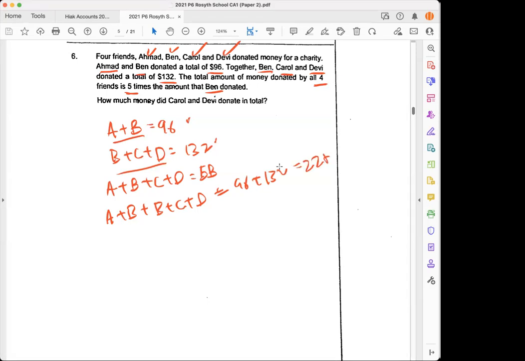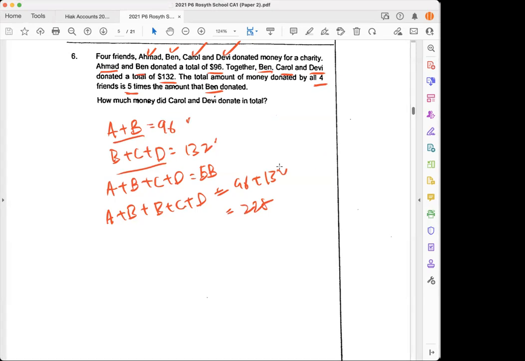Okay, I'm writing this as a straight line. But in exams, don't do this. Because of space reasons I'm writing it on a straight line, but in exams, try to do 132, 96 in a separate line, then 228. Exams do it this way.